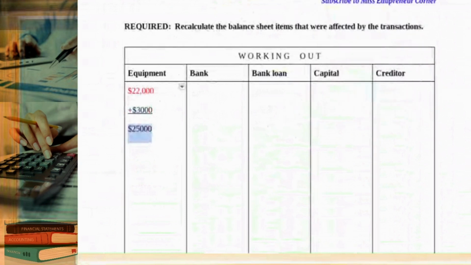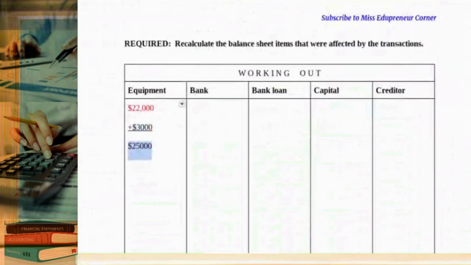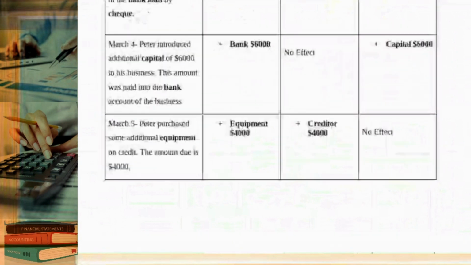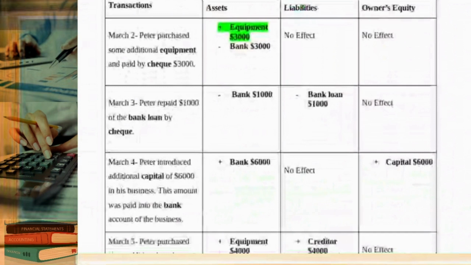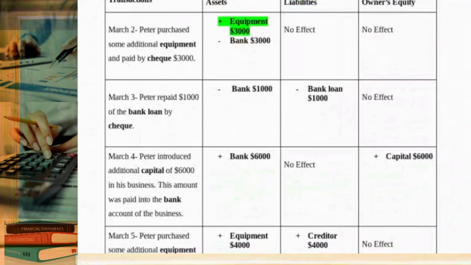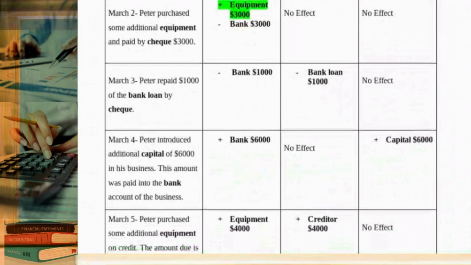Then we're going to head back to the effects table and check to see if equipment was being affected in any other transaction. So equipment was not affected in the second transaction. It was not affected in the third transaction, but indeed it is being affected in the fourth transaction. And here again, we see that equipment was increasing by $4,000.